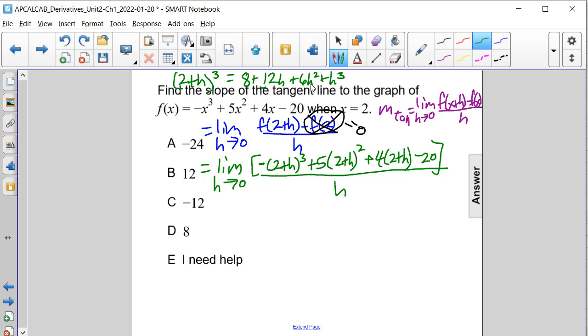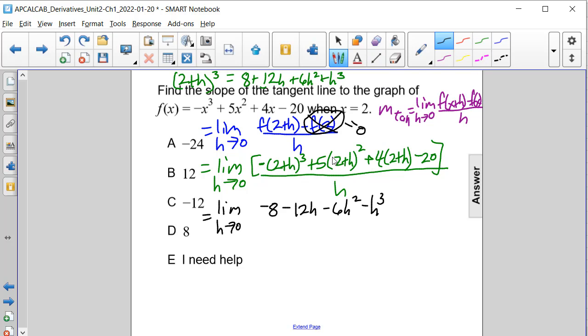And I'm especially doing this on the side because there is a negative that is out in front of it. So we need to multiply each and every term of this polynomial by -1, or in other words, flip all of those signs. So it will then simplify to the limit as h approaches 0 of negative 8 minus 12h minus 6h squared minus h to the third.